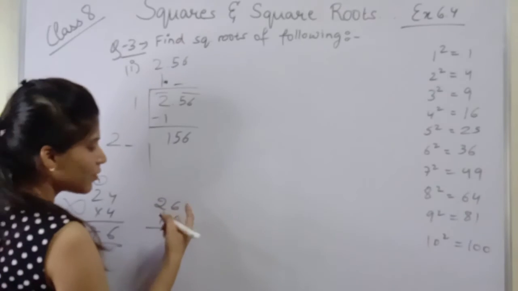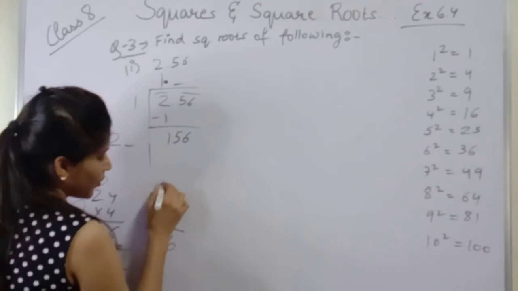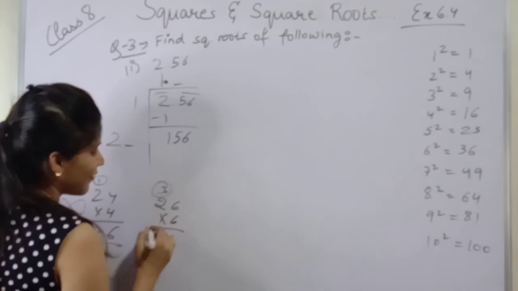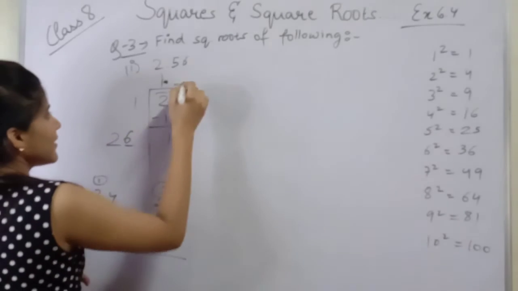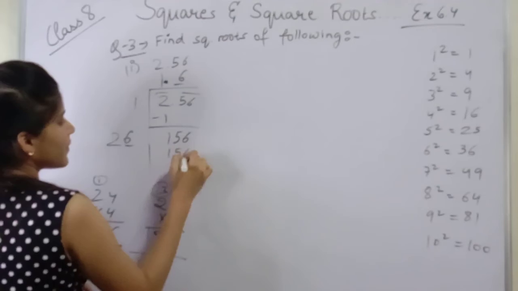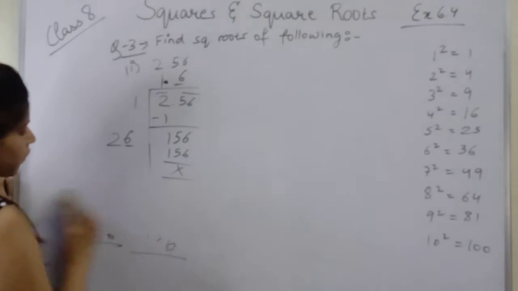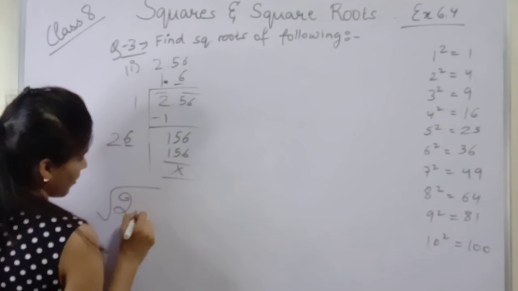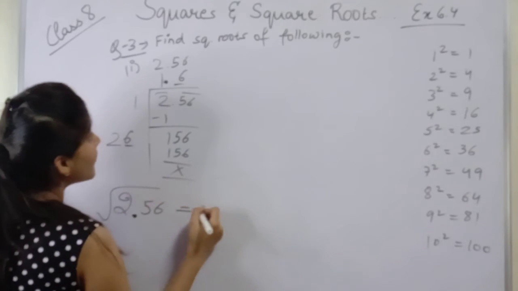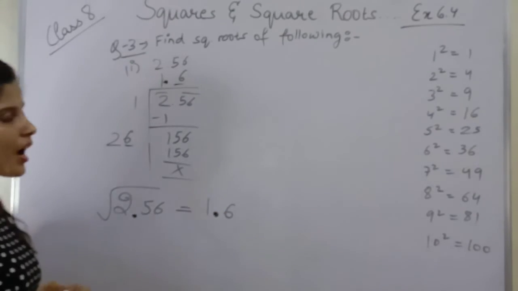Now let's check with 26 into 6. 6 6 is 36, 3 carry, 6 2 is 12, 12 plus 3 is 15. आ गया 156. So it means that 26 into 6 is 156, and the square root of 2.56 is 1.6. So this was our first part.